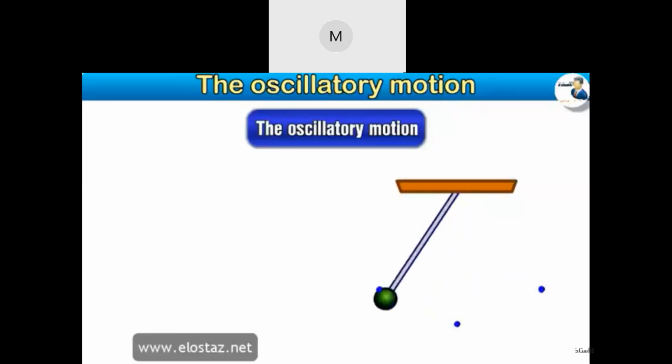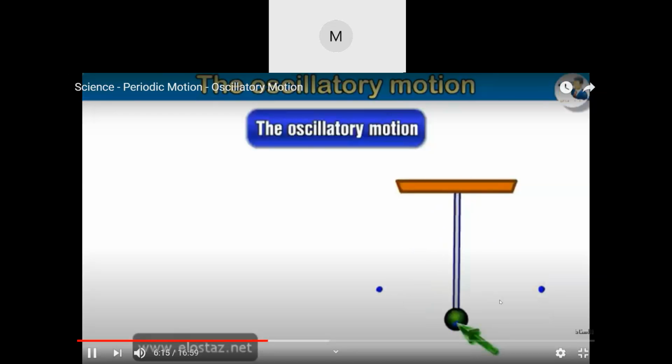The first property is that the oscillating body oscillates at the sides of its rest position. The second property is that the velocity of this oscillating body decreases as it moves away from its rest position, and it becomes maximal when the oscillating body passes its rest position.